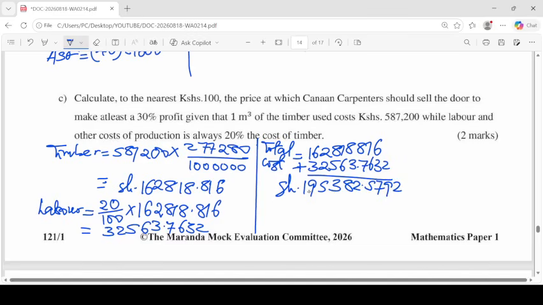So this cost is equivalent to 100%. To get the selling price, we get now 120% of this. So this will be 120 over 100, that will make a profit, times 195,382.5792.